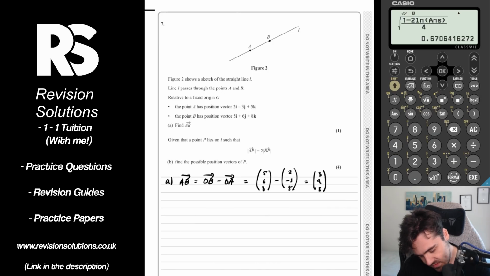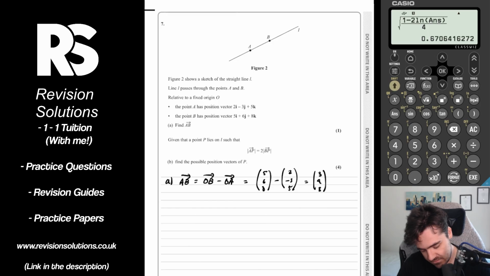Then it says for part B, given that a point P lies on L such that the length of A to P equals 2 lots of the length of B to P, find the possible position vectors. So there's going to be two possible answers.